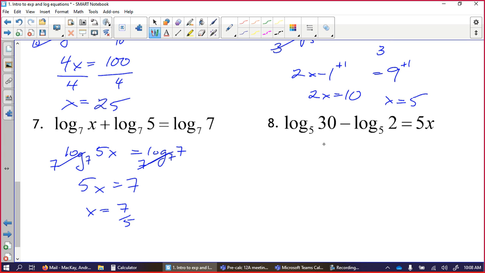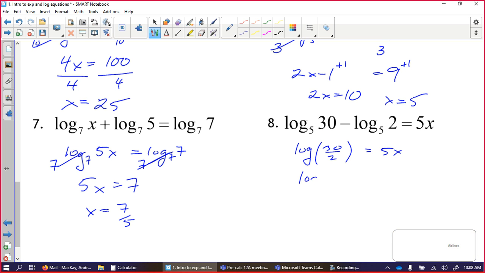Ooh, this one's going to be, oh, no, log of 30 divided by 2, 5x.